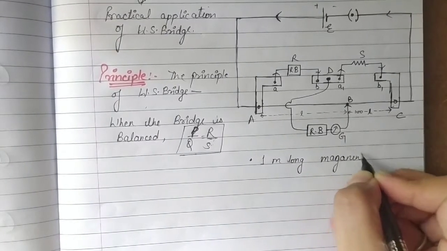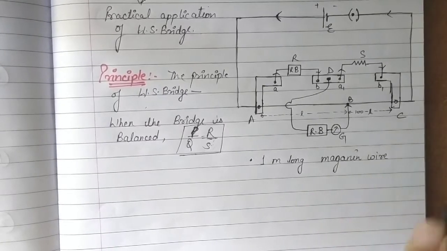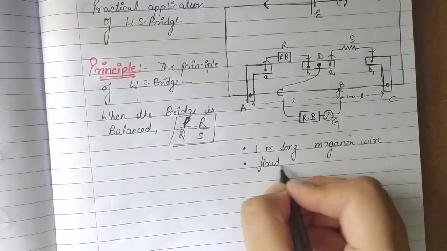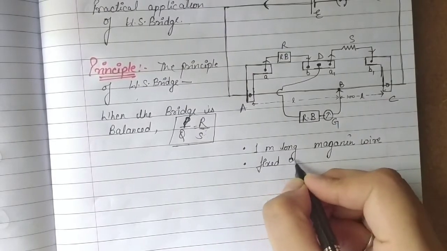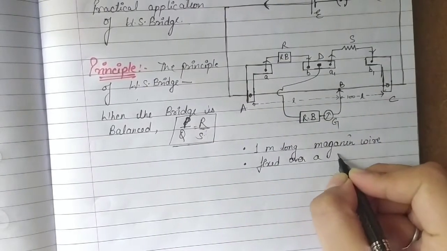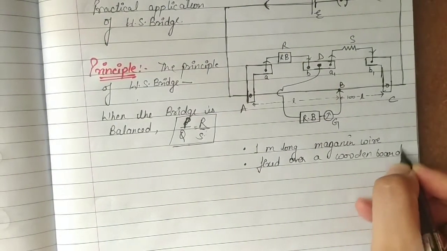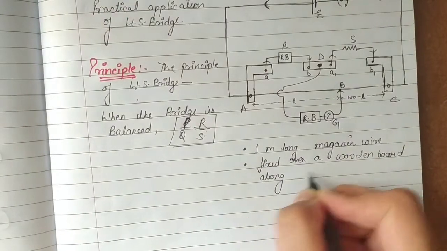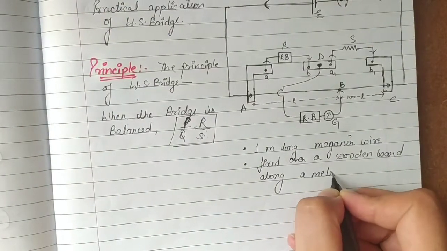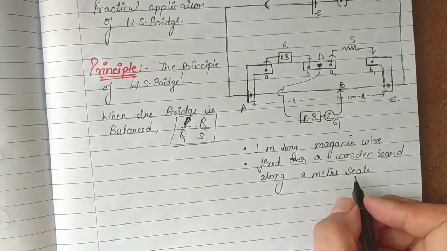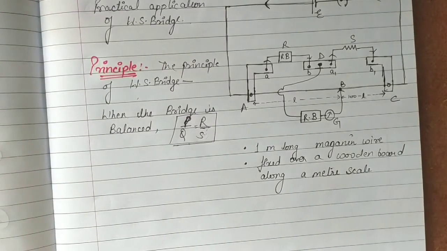This wire is fixed over a wooden board along a meter scale. Since we are using 1 meter of wire, that's why we call it meter bridge, right? So we have a 1 meter wire fixed along a meter scale.